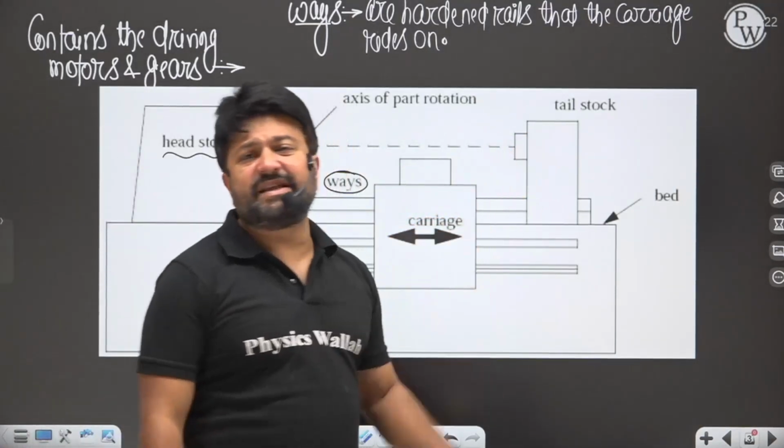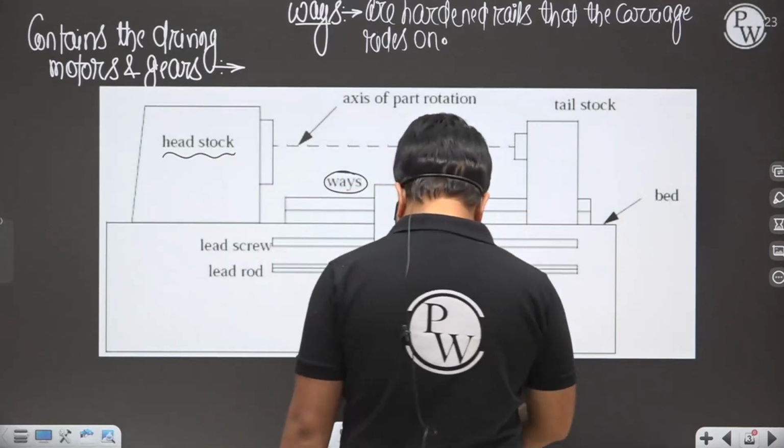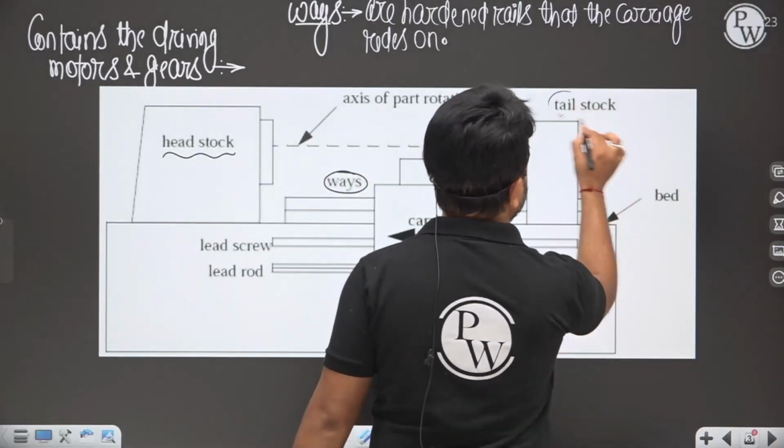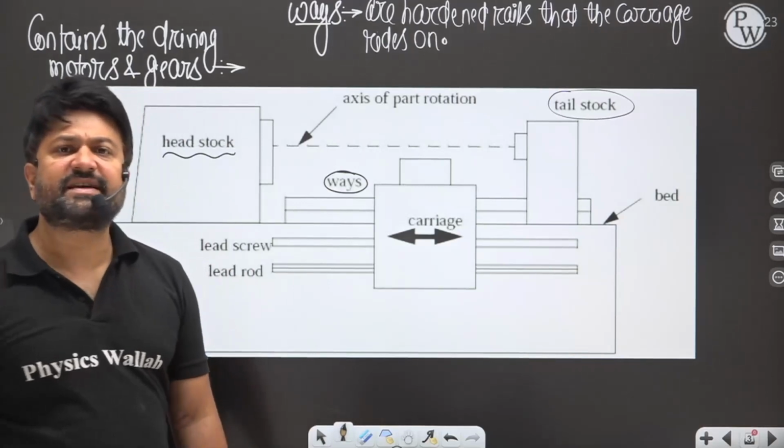Now at the end you can see there is a tailstock.